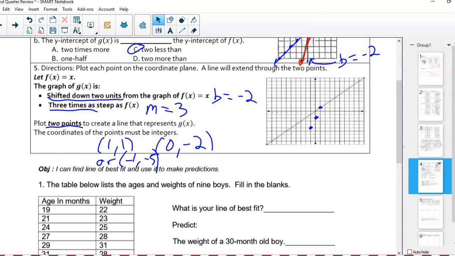Wait, you can do some calculator, right? How?